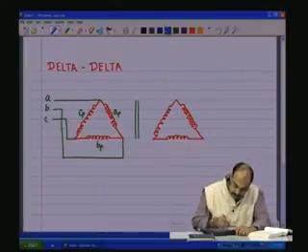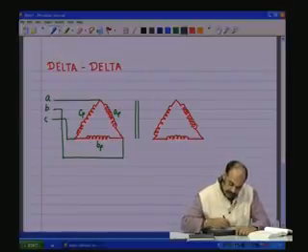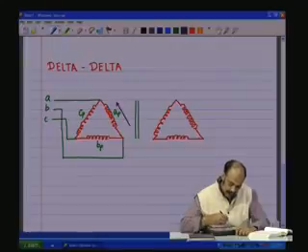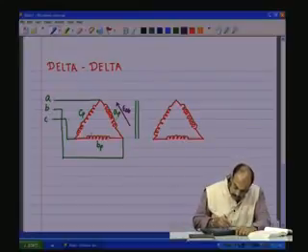Give some thought to the dot polarities. We are keeping the direction of the voltages like this. This is EAB, isn't it?